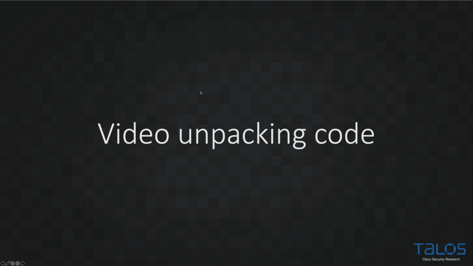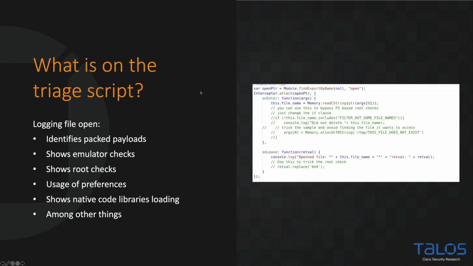So now we have seen how to unpack this code. So first of all, what's on the triage script? The triage script is a really simple script that will pretty much log all open files. And this is really important because this allows me to see a lot of things. So for instance, it helped me identify the payload.